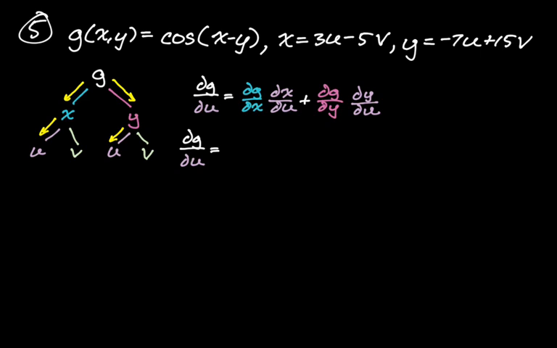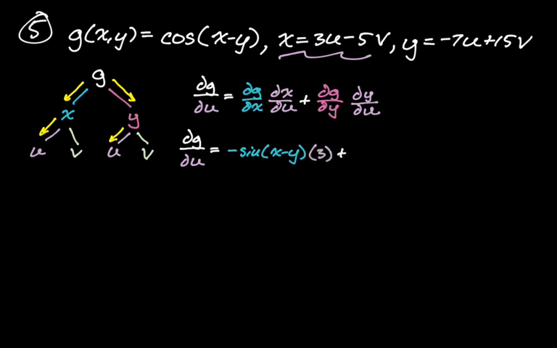So we need partial g partial x. The derivative of cosine of something is negative sine of that thing. The derivative with respect to x of x minus y is 1, so we just get negative sine of x minus y. Now we need to find partial x partial u, which is going to be from here. That's definitely just 3.